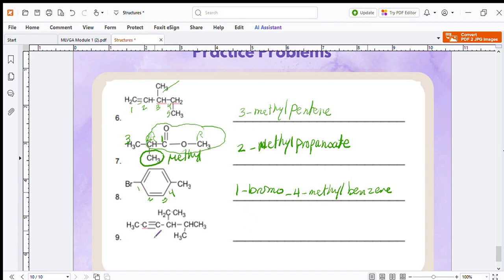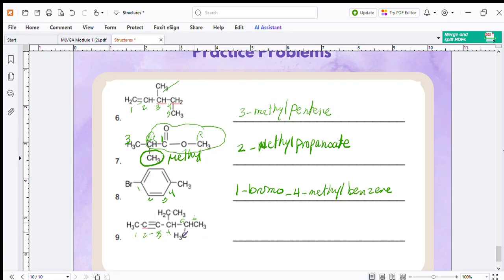When it comes naman to the last one, we have po a triple bond here. So yung suffix niya will be, of course, yne for alkyne. Then we'll start the numbering from, of course, the triple bond. So ito po ay 1, 2, 3, 4, 5, 6.